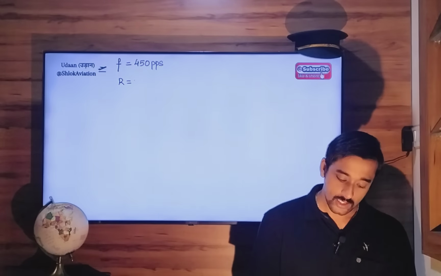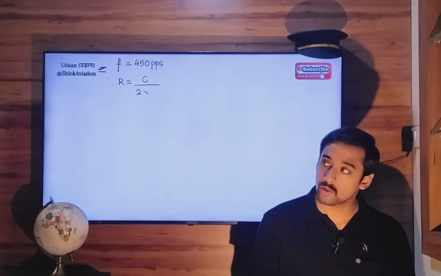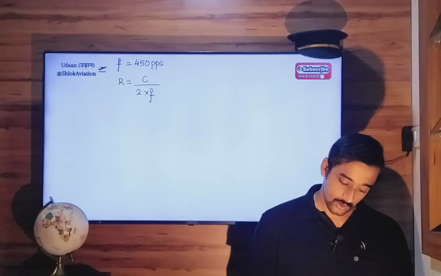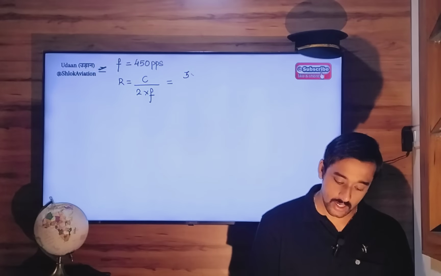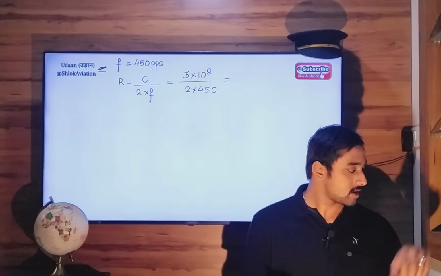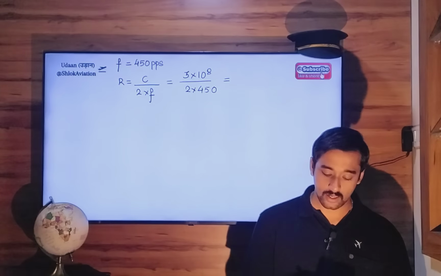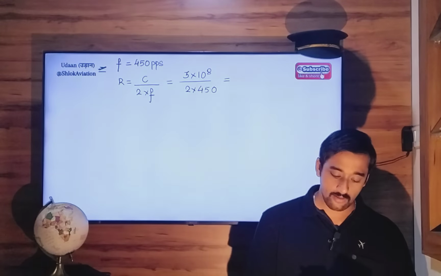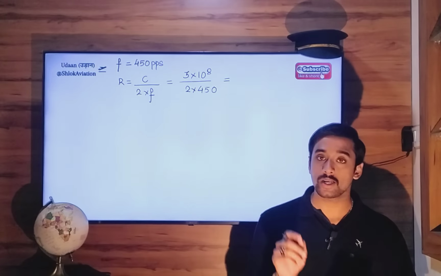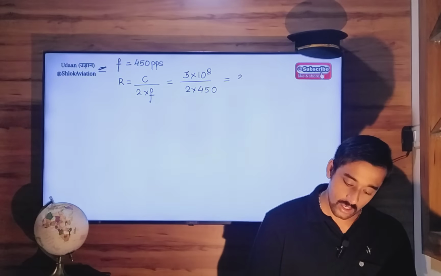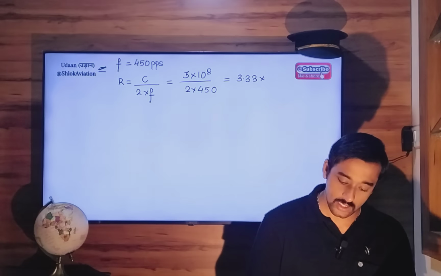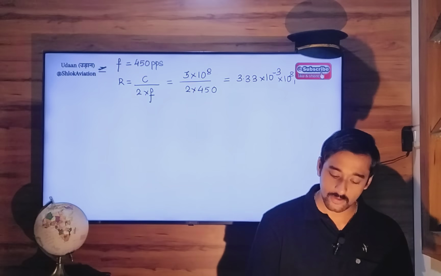Range is speed divided by 2 into frequency. So range will be 3 into 10 raised to 8 meter per second divided by 2 into 450. So 2 into 450 is 900. So 3 divided by 900 is 3.33. 3.33 into 10 raised to minus 3 into 10 raised to 8 meter.